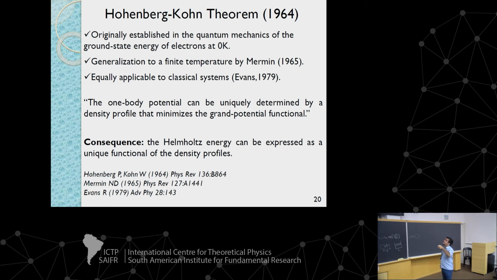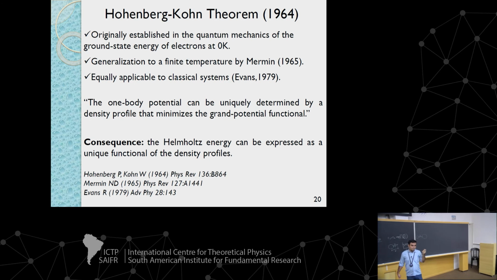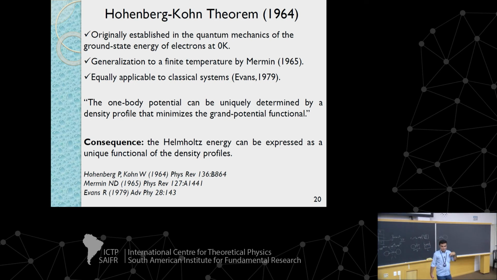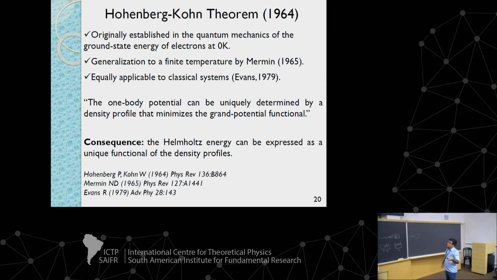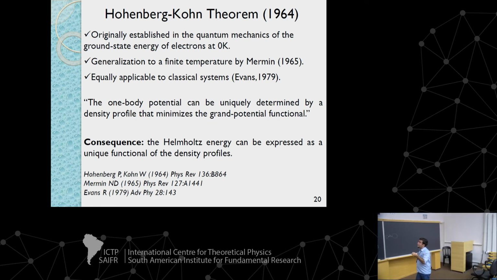And this theorem says that the one-body potential can be uniquely determined by a density profile that minimizes the grand potential functional. Okay, so the consequence is that we have the Helmholtz energy that can be expressed as a unique functional of the density profile.